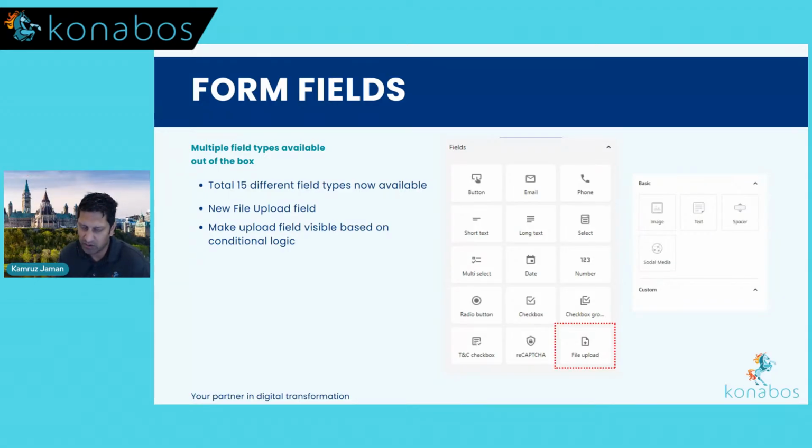So if you just want PDFs, for example, or JPEGs or PNGs, you can do that. You can restrict the number of files, so it could be between 1 and 5, for example, that you'd allow them to upload. And you can also restrict the size of the files, of course. You don't want somebody uploading huge zip files of data and bombarding your system and your solution.